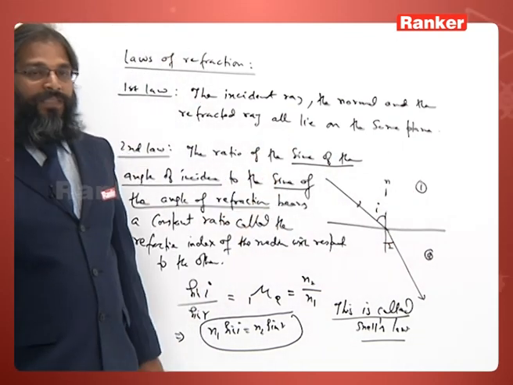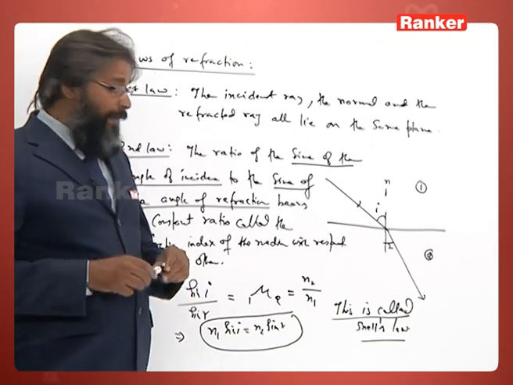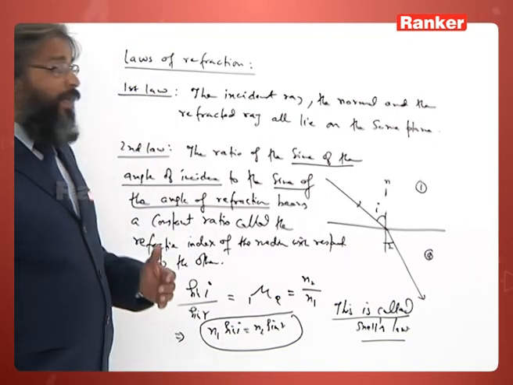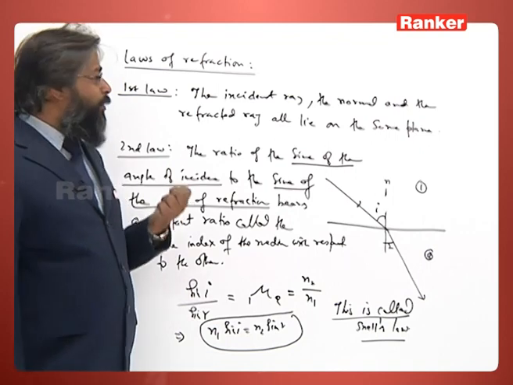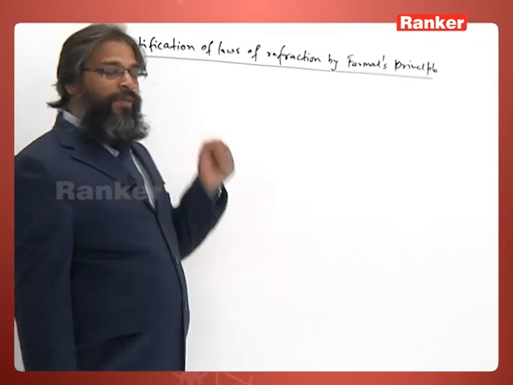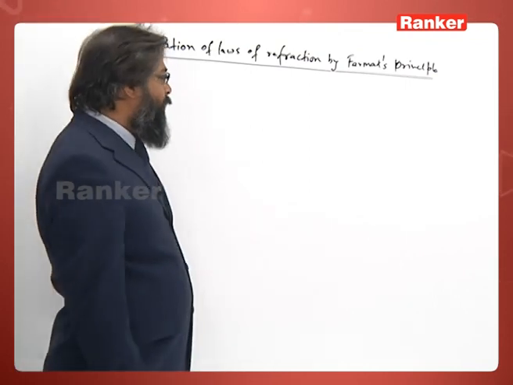This is Snell's law. Now let us justify this law with the help of Fermat's principle, the basis of geometrical optics. So now let us justify our law of refraction with the help of Fermat's theorem.